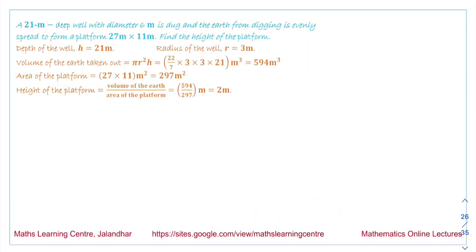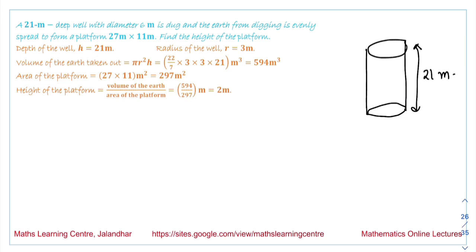Next we have a 21 meter deep well with diameter 6 meter. We are saying a well is there and it is 21 meter deep and the diameter is 6 meter. It means the radius is equal to 3 meter.